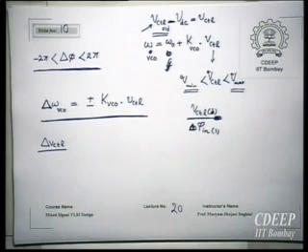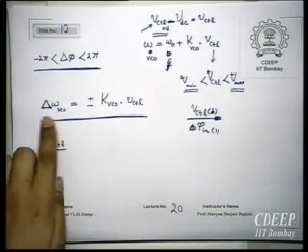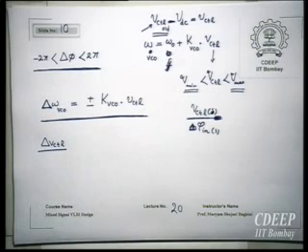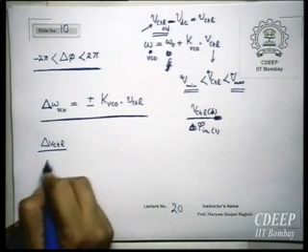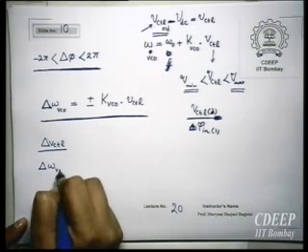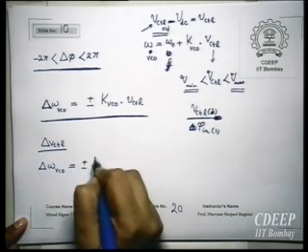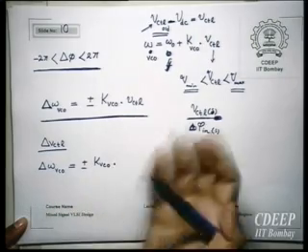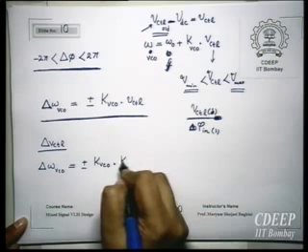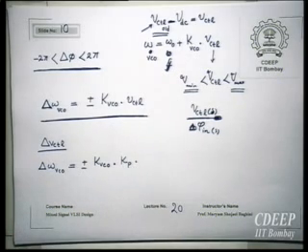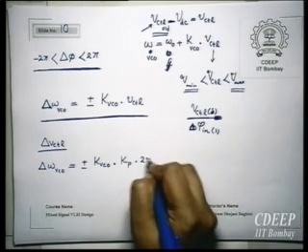Therefore, what does it mean? Means that I consider actually this is your lock range, right? Lock range actually is the range at which this VCO can operate. So, if this is my lock range, delta omega VCO will be plus minus KVCO into some coefficient, I call it KP, into my inherent phase shift, which will be plus minus 2 pi.